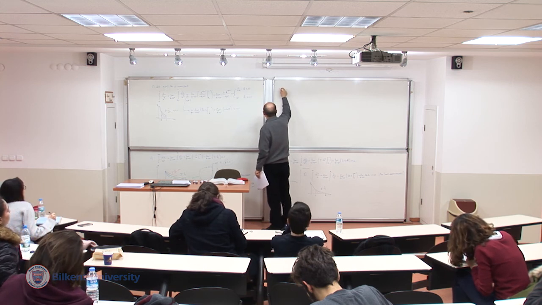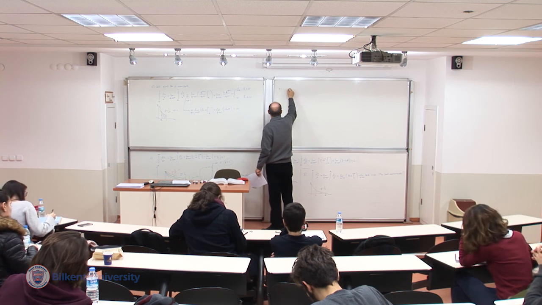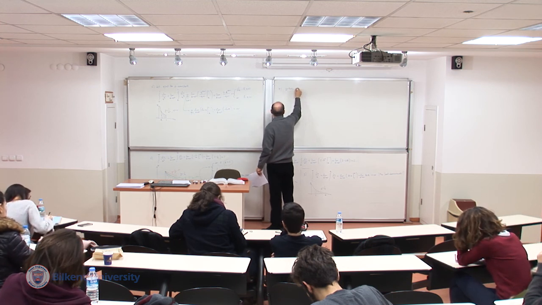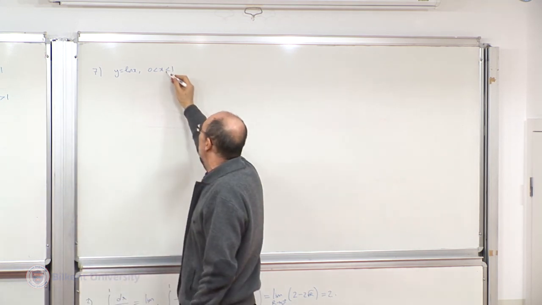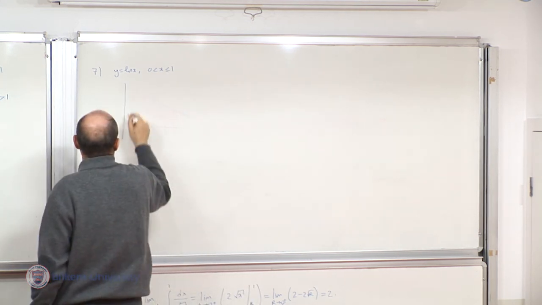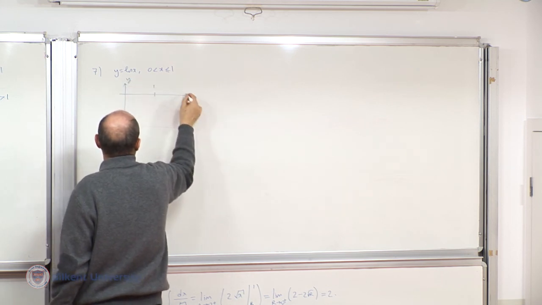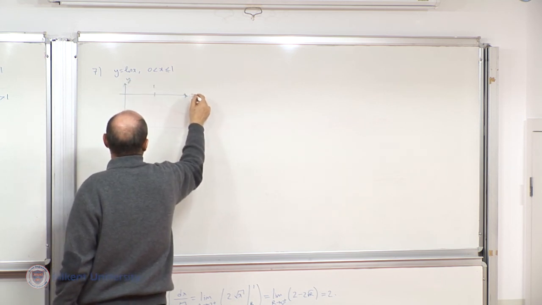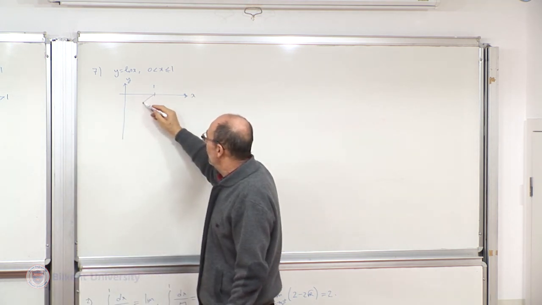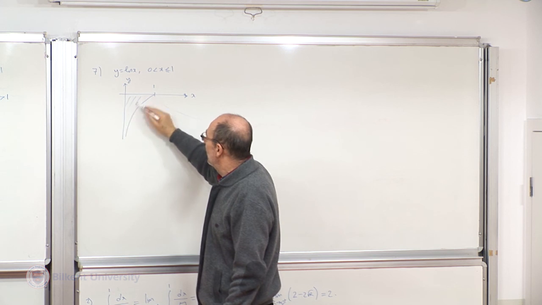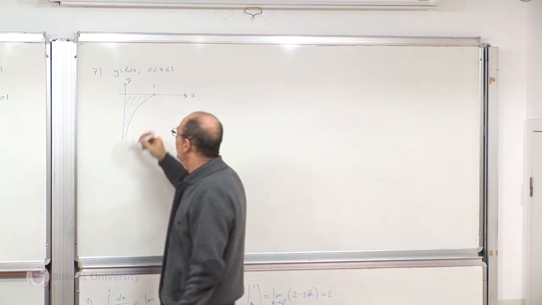So our last example is y equals ln x, where x is between 0 and 1. So we can take 1 here. The graph is something like this: this is y, this is 1, this is x. ln 1 is 0, so it goes like this.